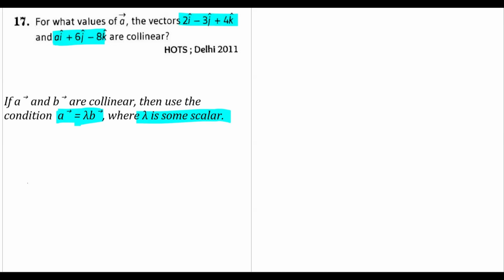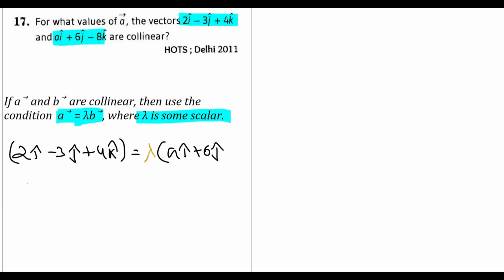So I can use this relation, that is vector A, which is 2i minus 3j plus 4k cap, is equal to lambda times vector B, and the vector B here is Ai plus 6j minus 8k cap.